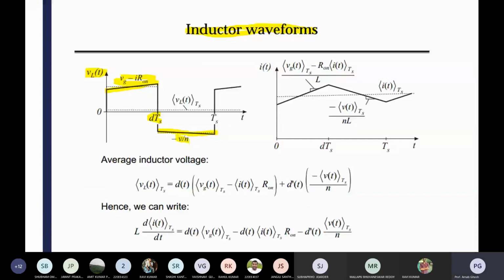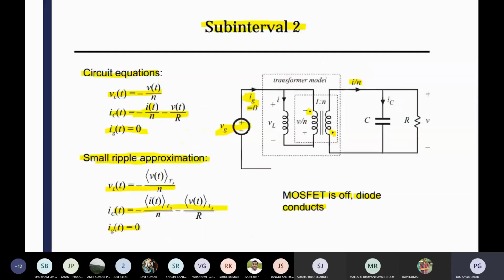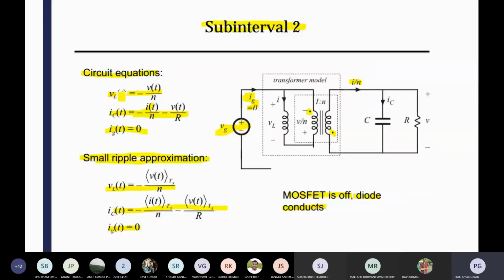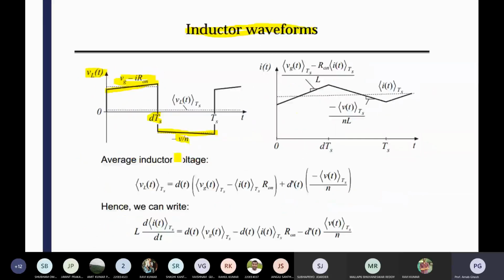That is for the off period. This is the on period equation and this is the off period equation. In the on period equation there is no minus sign, so you can consider the VL value positive, but in the off period equation the VL value is negative, that's why it goes to minus v by n. So ramp up and ramp down are both there, but in the average case, not the ideal case, the dotted line is there due to the averaging of those equations.